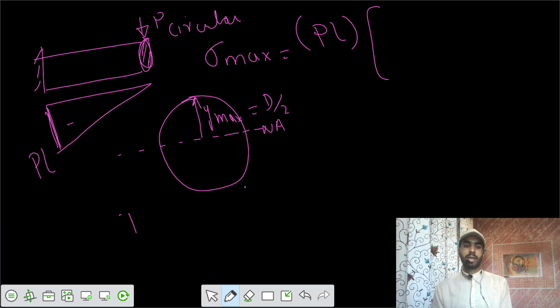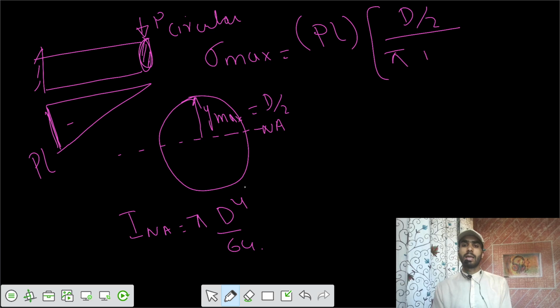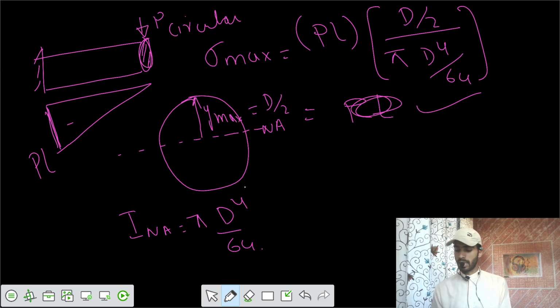And we know that I about the neutral axis equals pi d to the power 4 by 64. So you write PL into y by I, then you calculate PLD, whatever value you get. So you get the maximum stress.